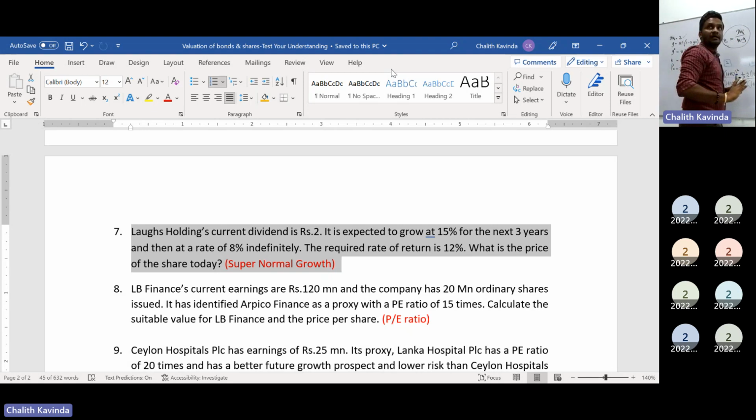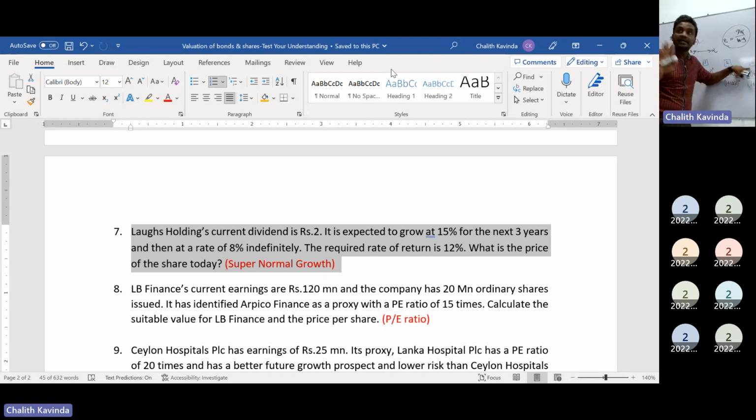Now we have to apply that formula here. This is year 3, and we need the dividend of the next year, that is year 4 dividend divided by cost of equity minus growth rate.